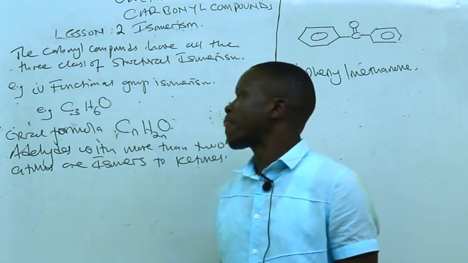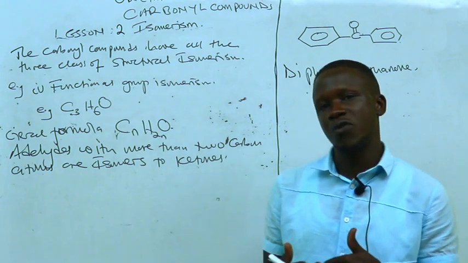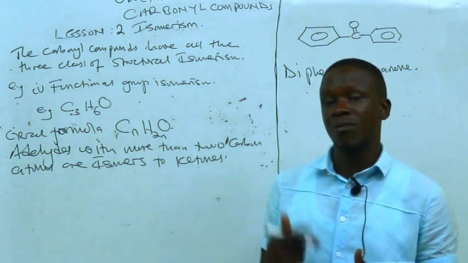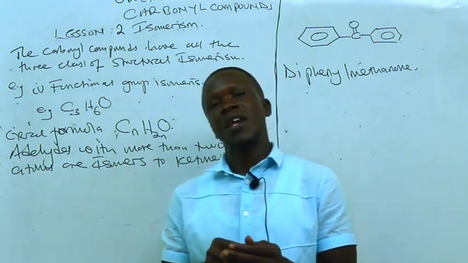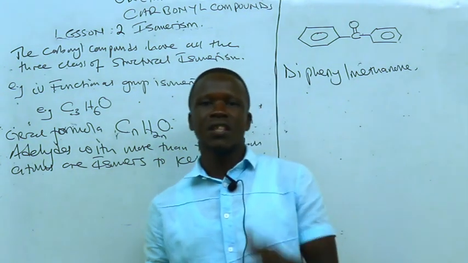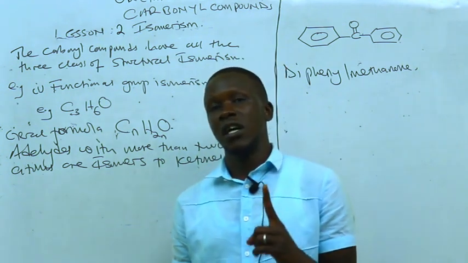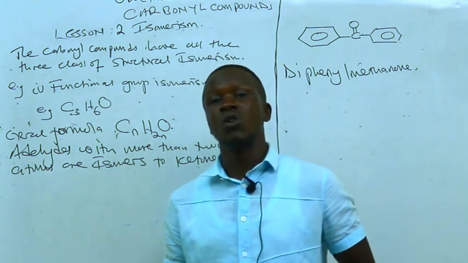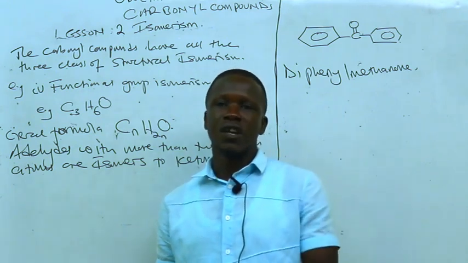And that means that the functional group isomerism here is between the ketones and the aldehydes. Remember, these two have the same functional group. But by the fact that one is a reducing agent and another is not a reducing agent, they have different reactions. There are certain reactions they will not be resembling. And so we can take them to be different classes.